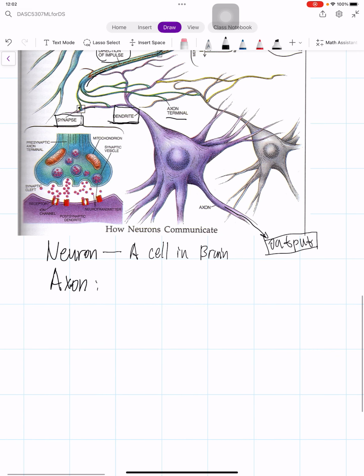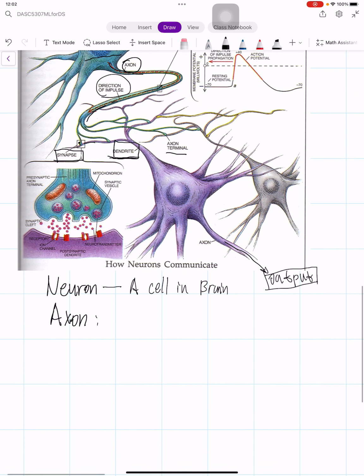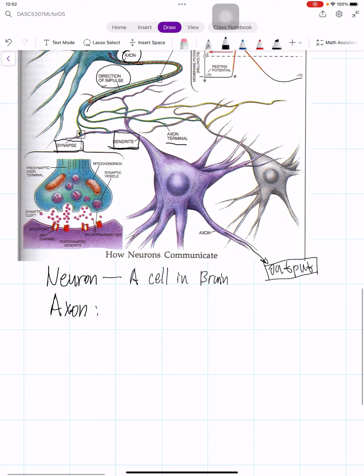So we have the neurons and axons. You can think of axons as the weights in deep learning, and we have the connections between the different neurons through the synapses. We also have the receivers of the next neurons, called dendrites.